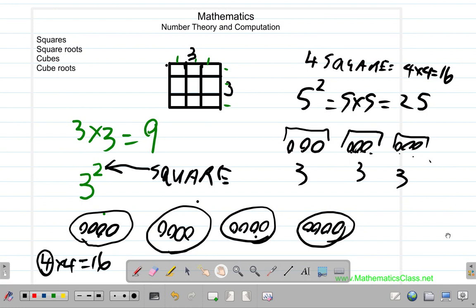Now, the next thing we want to talk about is the square root. We are done discussing the square already.